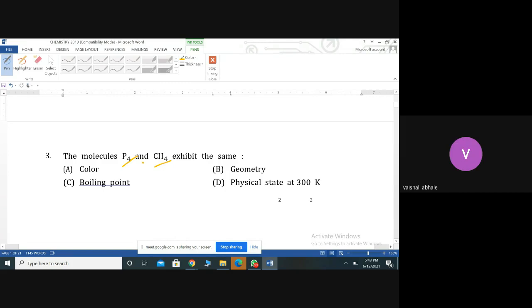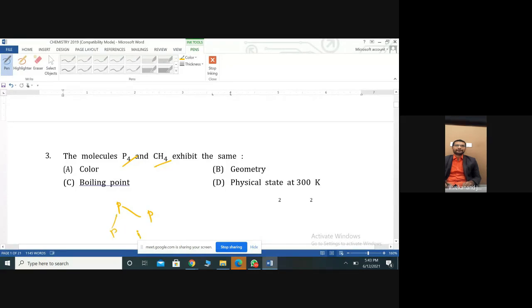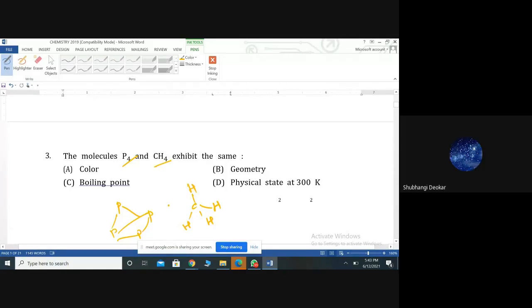Geometry. Exactly. You should know this. P4 and CH4 have a similar type of geometry. What is the geometry of CH4? CH4 has tetrahedral geometry, and similarly P4 also has the same tetrahedral geometry.